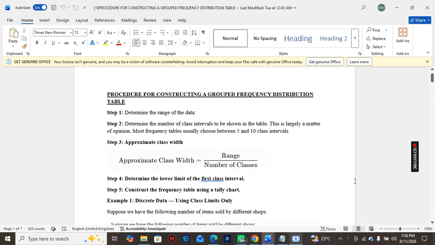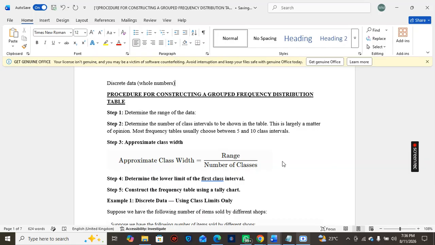One thing I forgot to mention with quantitative data: you've got discrete data. These are whole numbers, like 1, 2, 3, 10, 20, 25, those kinds of numbers.